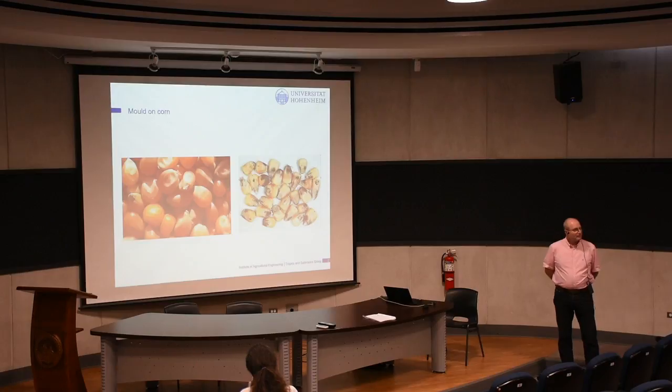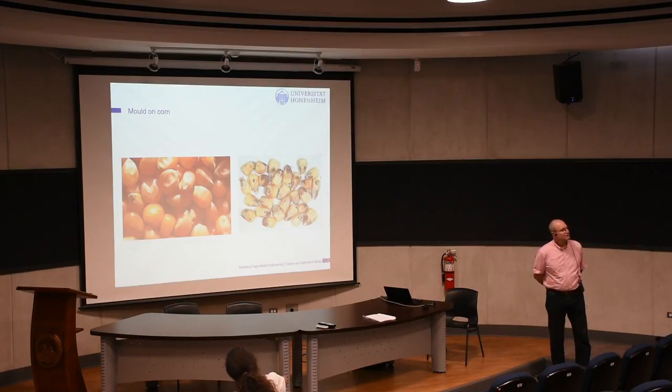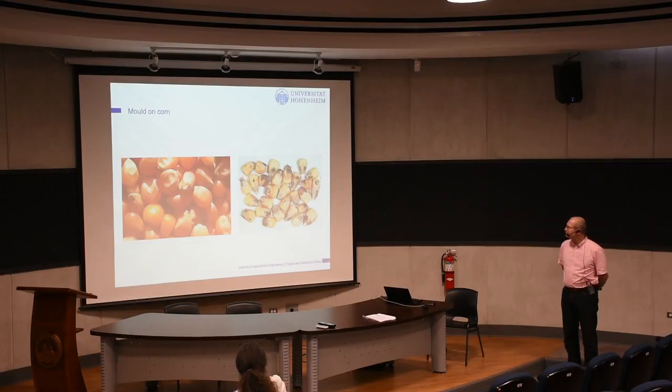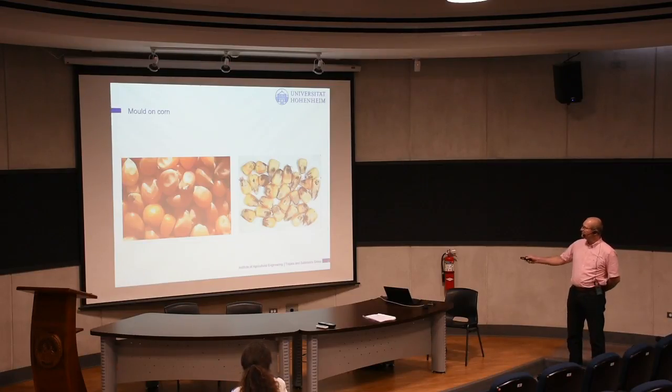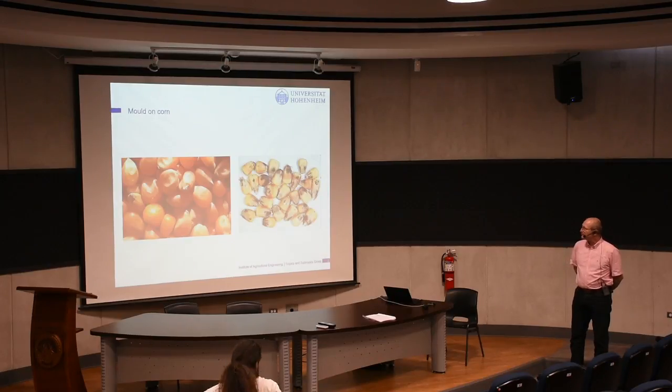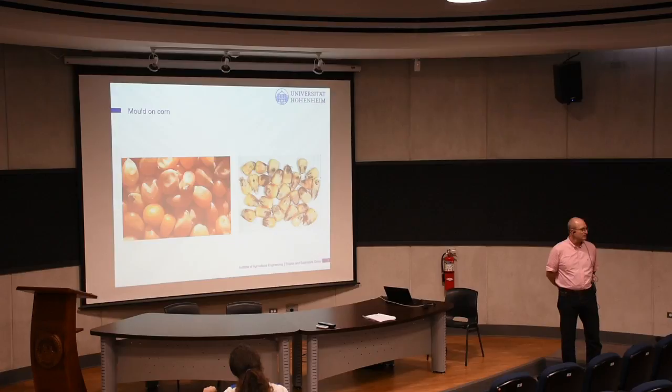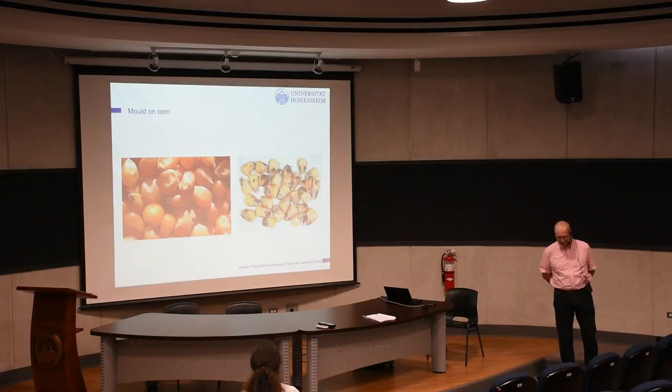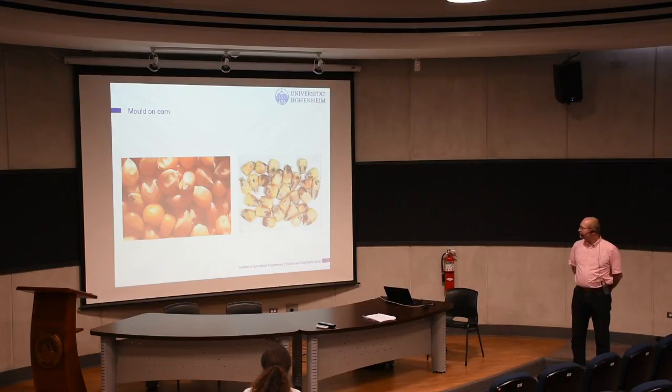So what's happening when the material is not dried properly and stored at too high moisture content? That's what we see here. You see nice maize kernels, and on the right hand, some which are rotten by microbial growth, which will start when the atmosphere in the storage system is too humid.